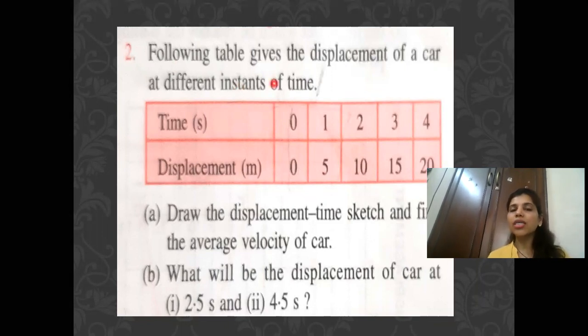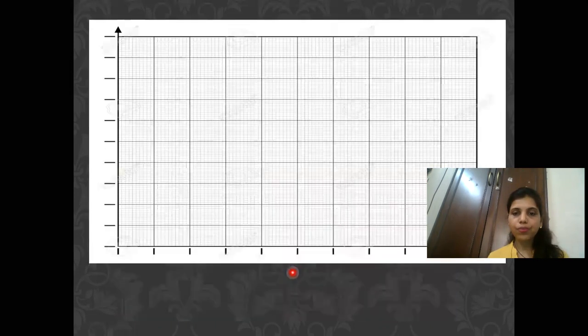Now here you can see that the table is given to you, and you have to plot the graph for displacement versus time, and you have to find the average velocity. Now we move to the plotting of the graph.